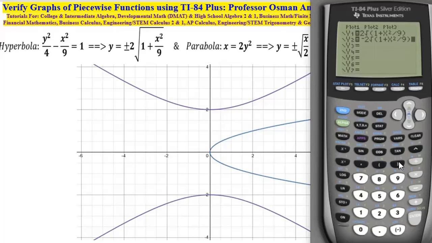Okay, then to enter the parabola, it is y equals, the top part is square root of x over 2. And the bottom part of the parabola is negative square root of x over 2.